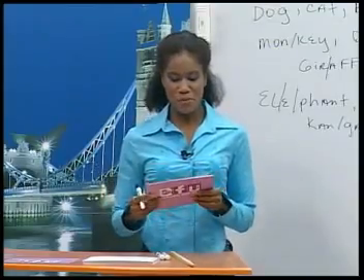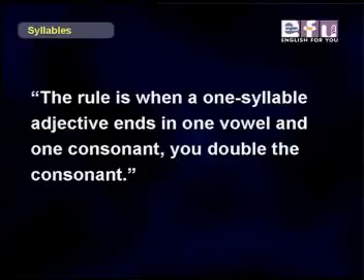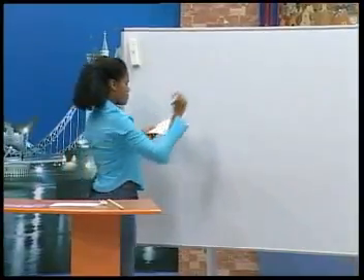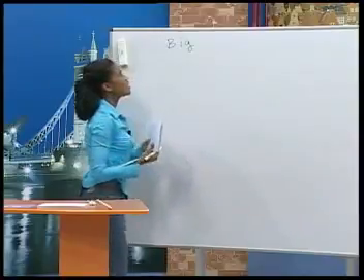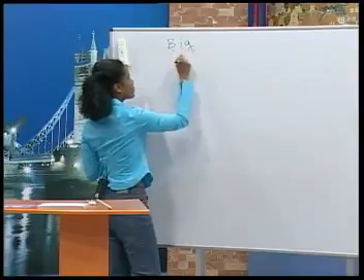In these sentences, we can see a special spelling of the comparative form. Notice that the rule is when you have a vowel followed by a consonant, you must double the consonant in the comparative form. I will show you what I mean. Okay, for example, big ends in a vowel followed by a consonant, right?